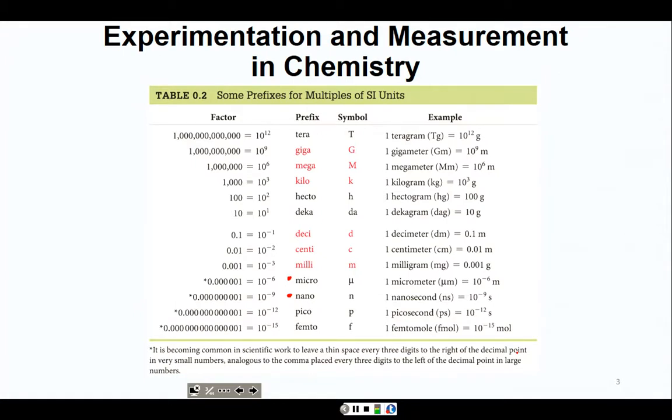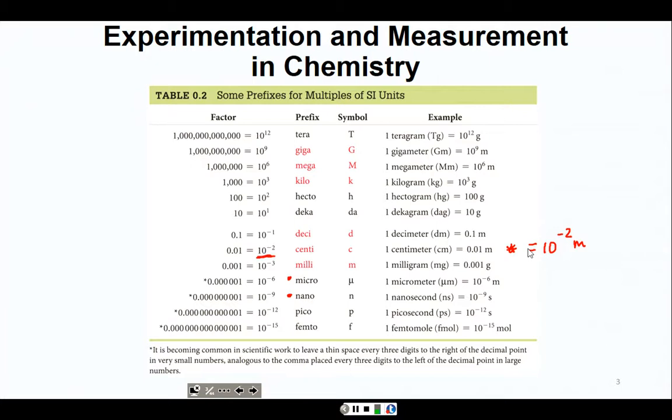And so the equivalence between the prefix and the factor power of 10 is what we need to get familiar with. So for example, with a centimeter, 1 centimeter is 0.01 meters, which is the same thing as 10 to the minus 2 meters, which is what it says right there.